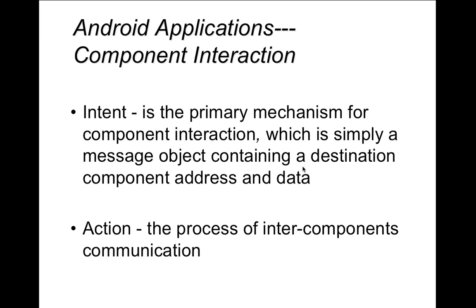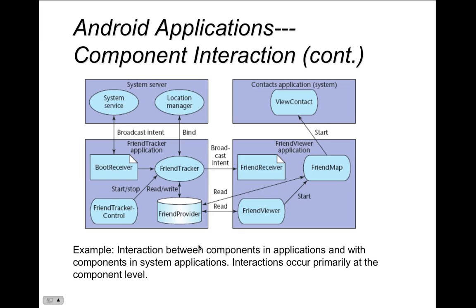The action. So we also have an action, which is the process of the intercomponent communication itself. It's part of the configuration. So if we started looking at this, we would have the interaction between the components for which the components of the system application interact. From a component level, the system server would be over here. For example, this would be an internet location.